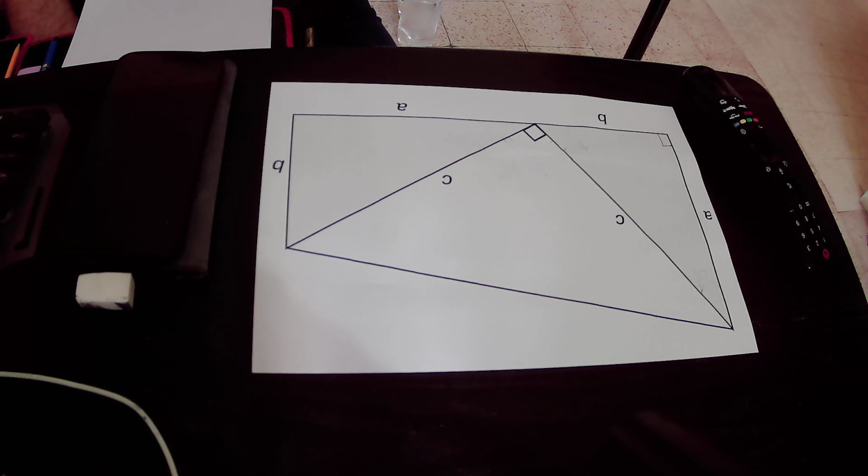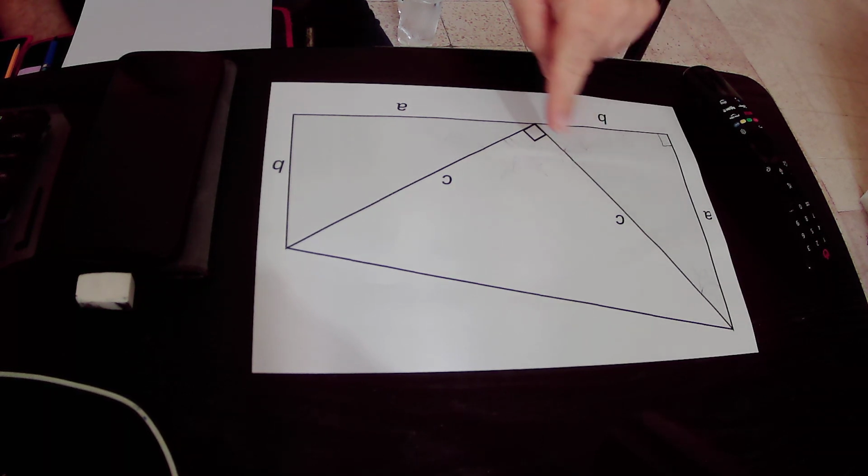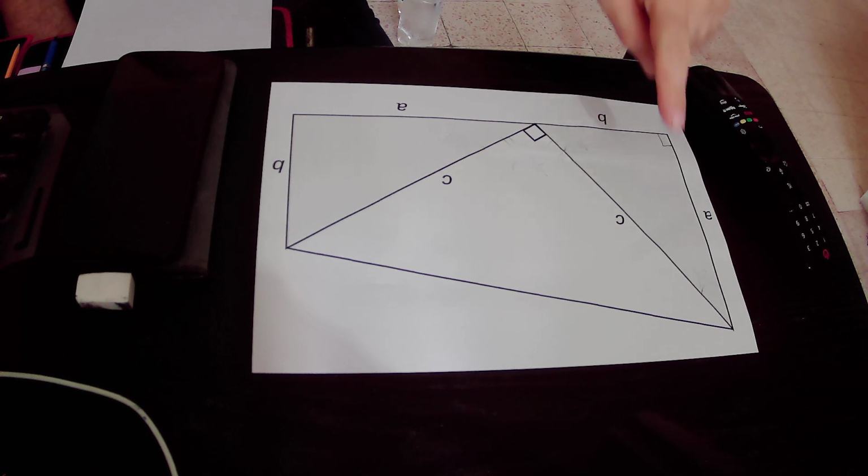It says that the square of the hypotenuse is equal to the sum of the squares of the perpendiculars, or in mathematical notation, c square is equal to a square plus b square.